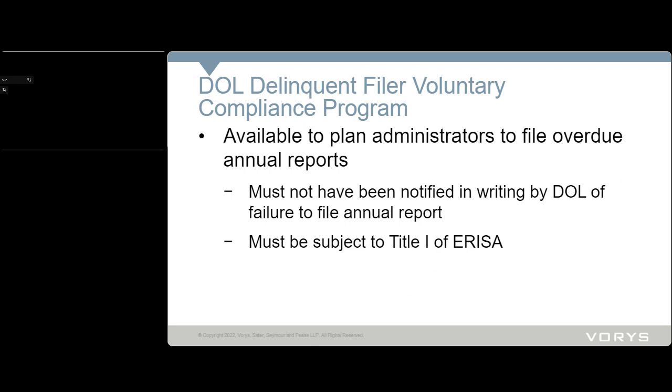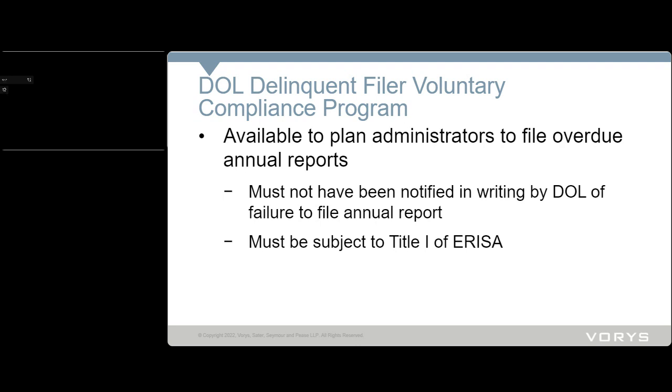Next thing, just as a reminder, because the penalties are so high for failing to file or for filing incomplete, it is always in your best interest to use the Department of Labor Delinquent Filer Voluntary Compliance Program. The IRS is signed on, so if you go into this program through the Department of Labor, the IRS has agreed to not assess any penalties.